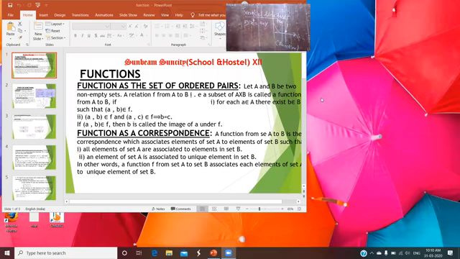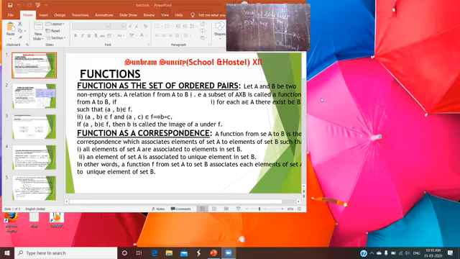What does it mean? x1 not equal to x2 implies f(x1) is also not equal to f(x2). Then you can say that type of function is a one-one function. So when you say a function f is one-one, here you have two conditions.